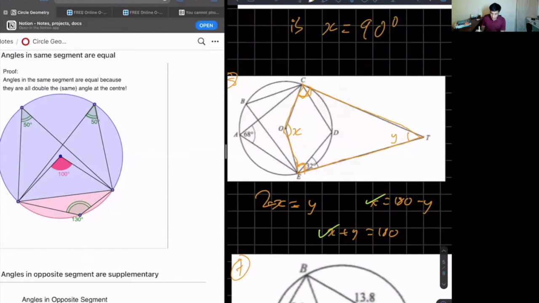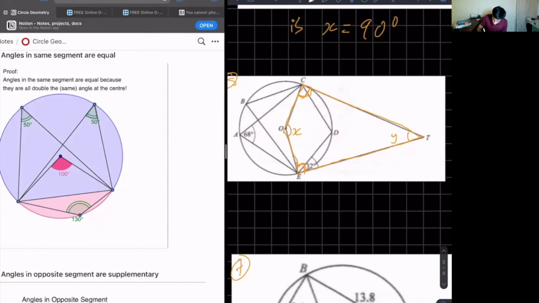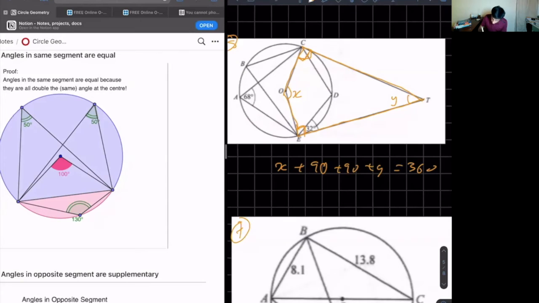So the angles inside the quadrilateral add up to 360, right? Somebody explained this very well: x plus 90 plus 90 plus y is equal to 360. Therefore, x plus y is equal to 360 minus 180, so x plus y is equal to 180.